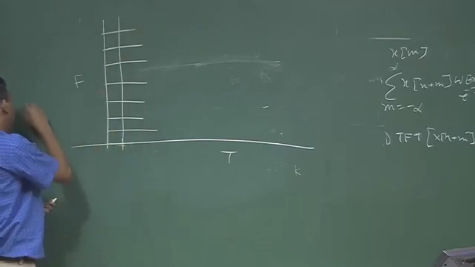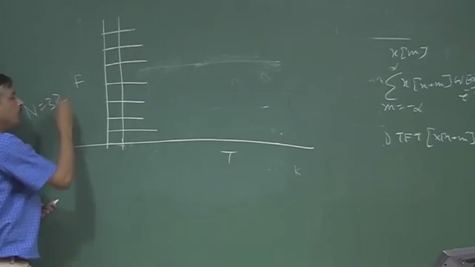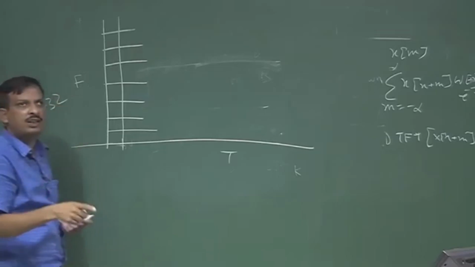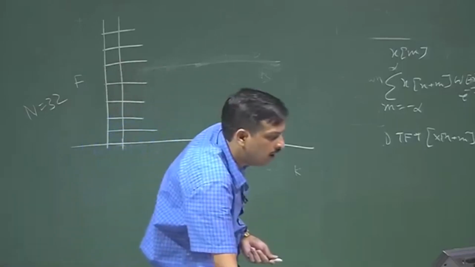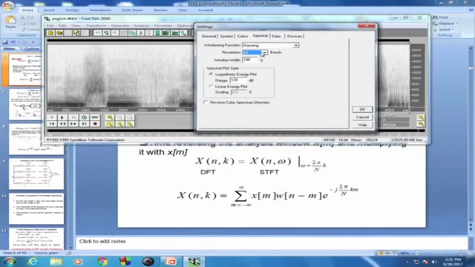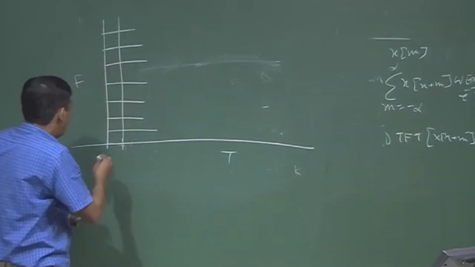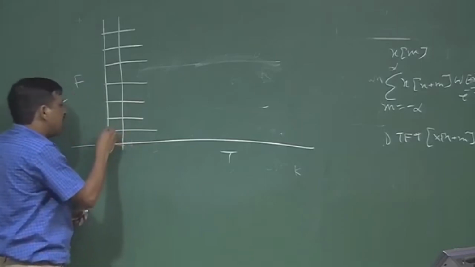N is equal to 32 because it is implemented in FFT, so it has to be 2 to the power something: either 32, next 64, next 128. So, that way it will increase.